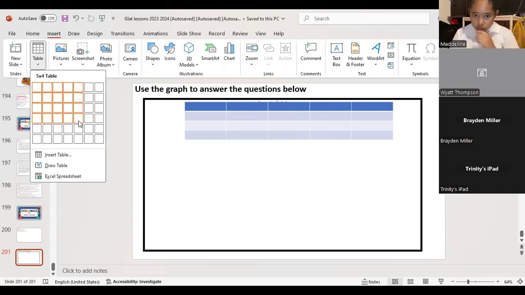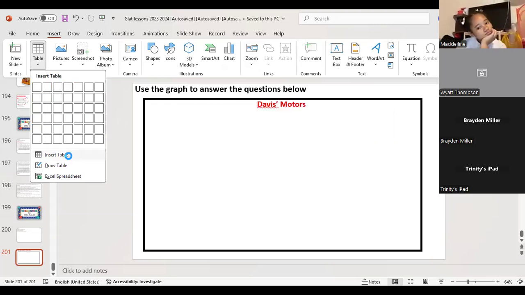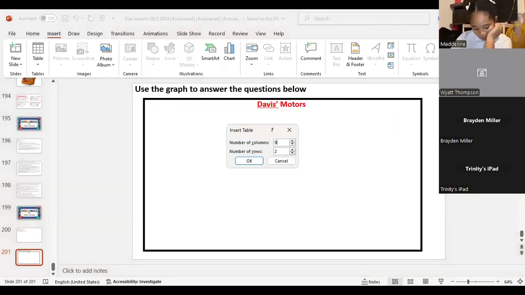1, 2, 3, 4, 5, 6, 7, 8, 9. So 9 rows, and 1, 2, 3, 4, 5, 6, 7, 8, 9, 10, 11. So I want 9 rows and 11 columns.